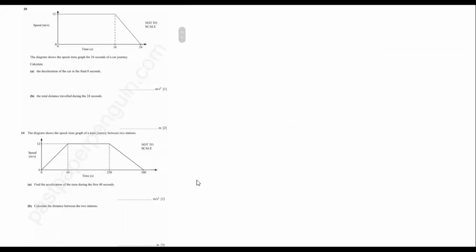Okay, so we're finding the deceleration of the car in the final 8 seconds. How do you find the deceleration of the car in the final 8 seconds?